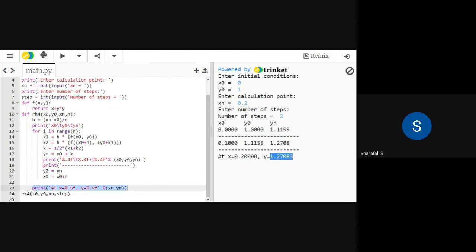Now, if you want to change this into the fourth order RK method, then you have to replace some of these portions. I have provided steps here, right? Let me see whether it is working.